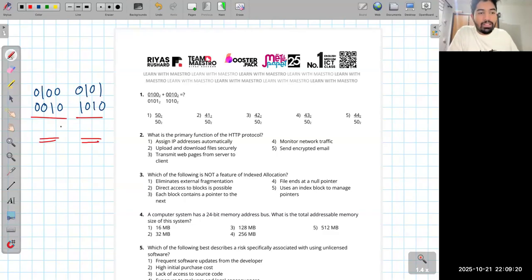So 0 plus 0 is 0, 1, 1, 0, 1, 1, 1, 1. So this gives you an answer of... it's like you have divided these two numbers. Yeah, that's how we got these two numbers.